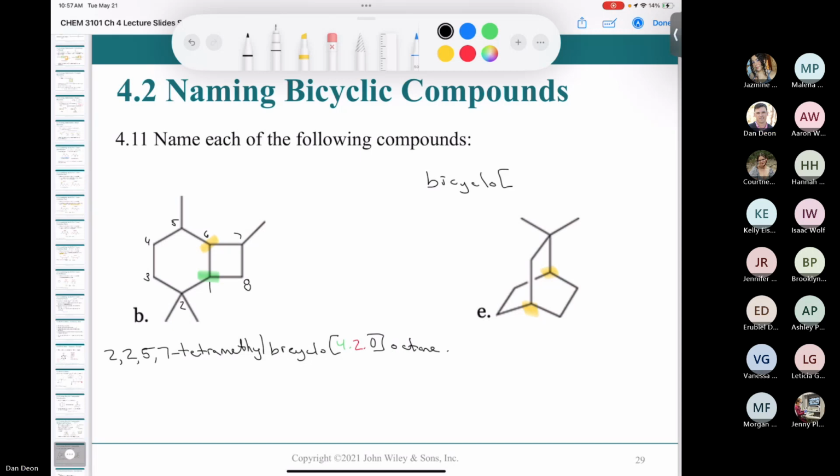Bicyclo[2.2.2]octane. Well, if I highlight one of those carbons in yellow and one in green, which one do you think I should start numbering at, the one in yellow or the one in green? And it's not a trick question. We want to give those 2 methyl groups the lowest possible number.